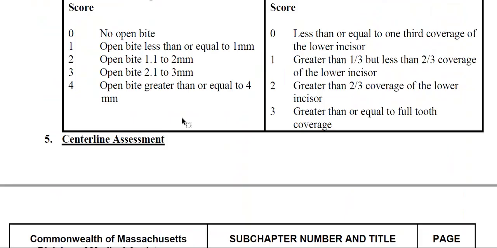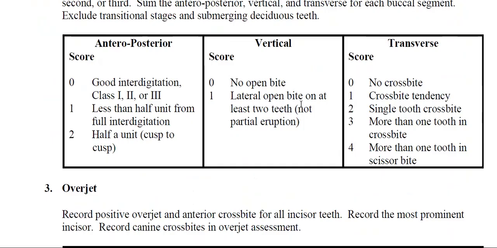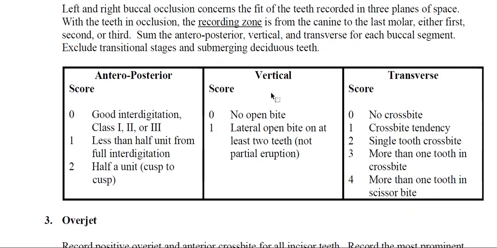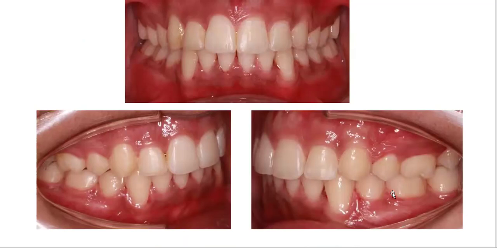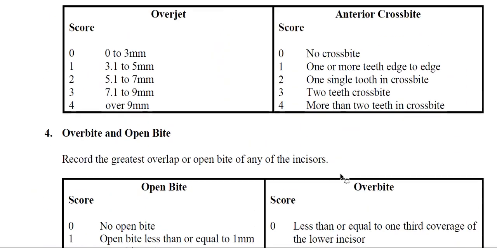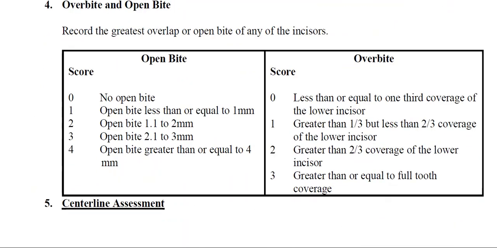So if I go through this one, I do not have a contact point displacement, right? The good thing is my molar and canine relations are class 1. Sometimes the canine relation is quarter unit class 2, so you have to deduct a mark from there. The molar seems class 1, and the canine is class 1, so I'm going to deduct nothing from here. Nothing from the overjet, nothing from the overbite.